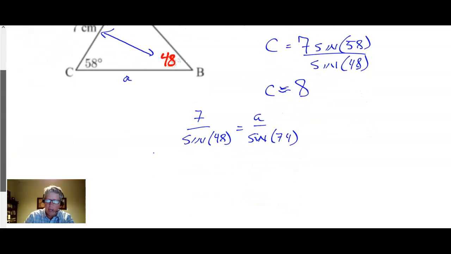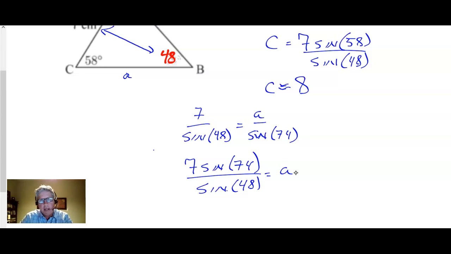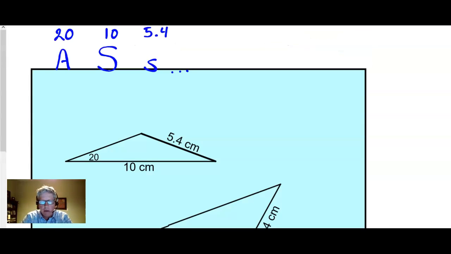Solve that for A by multiplying both sides by the sine of 74. So we get 7 times the sine of 74 over the sine of 48. These are just numbers. Don't be scared of numbers. We're going to plug that in our calculator. We're going to get it correct. We're going to take it to the bank. All right, ladies and gentlemen, that's the sine rule.